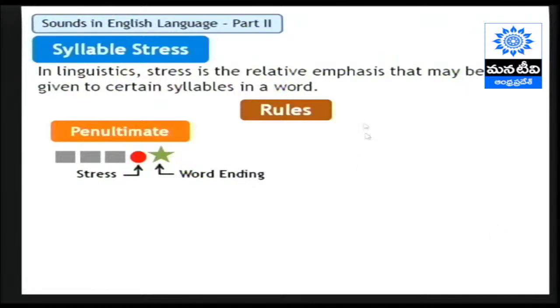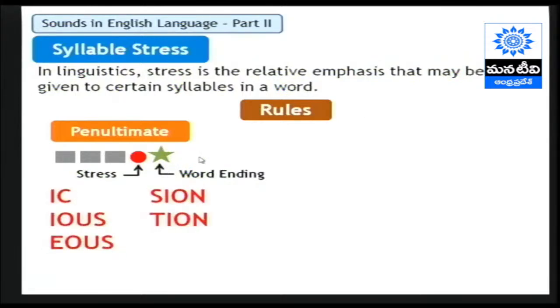So this is the word ending. What do we mean by word ending? So these are the word endings. There are a lot of English words that will end with any of these. Now when the rule says when a word ends with these as ending, the stress should be on the second last or the last but one syllable.